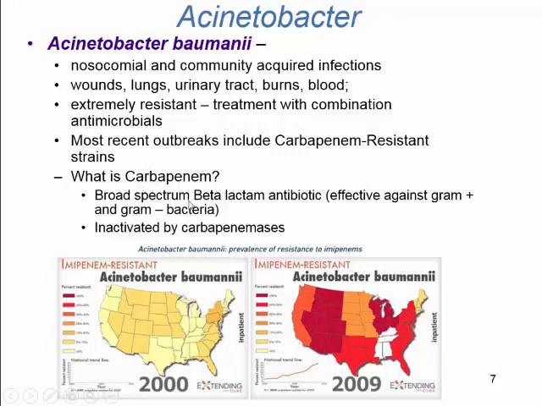So broad spectrum means that this antibiotic works well on gram-positive and gram-negative bacteria. The beta-lactam antibiotic is the same family from which penicillin is derived. And so this broad-spectrum beta-lactam antibiotic is inactivated because this bacteria forms carbapenemase. It's an enzyme that will digest and cleave the carbapenem antibiotic.